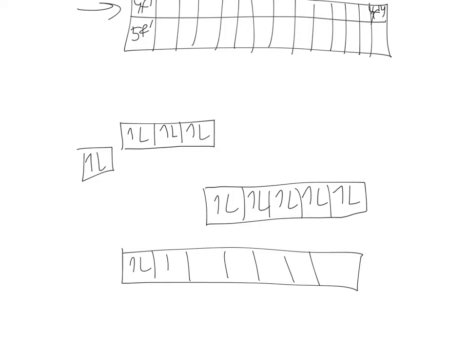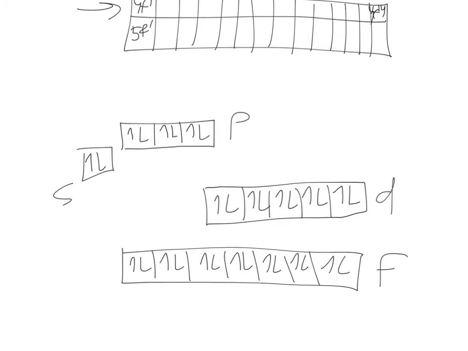So that's 1 up, 1 down, 1 up, 1 down, and so on. So we've got 7 there, times 2 is 14, because 2 electrons fit in each orbital in the sublevel. So this is S, P, D, F.